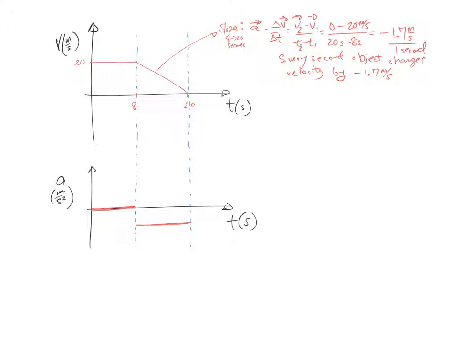So now I can proceed to figure out my velocity at 10 seconds, which I'm just drawing right there, because we need that to find the displacement from 10 to 20 seconds, which is one of the questions being asked here. So I've got to subtract 1.7 meters per second for each second that the object is traveling.